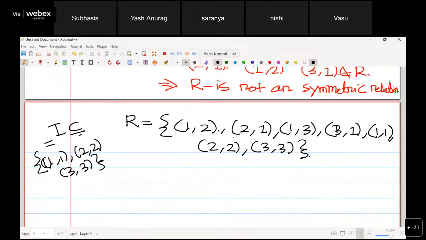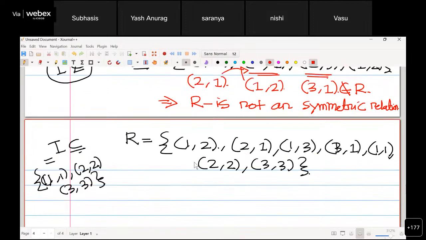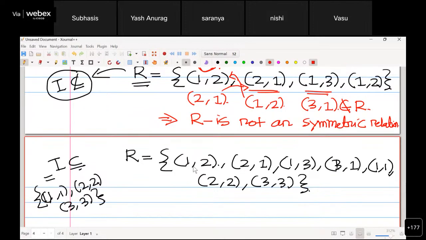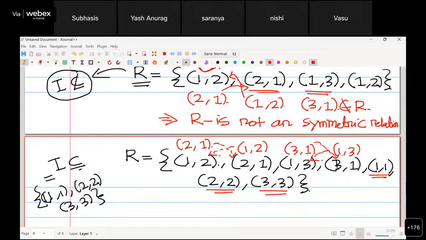The next thing I need to check is whether R is a symmetric relation or not. For symmetric relation, I have to check one by one. If I flip (1, 2), I get (2, 1), which is in R. If I flip (2, 1), I get (1, 2), which is again in R. If I flip (1, 3), I get (3, 1), which is in R. If I flip (3, 1), I get (1, 3), which is in R. If I flip (1, 1), (2, 2), or (3, 3), I get the same thing.